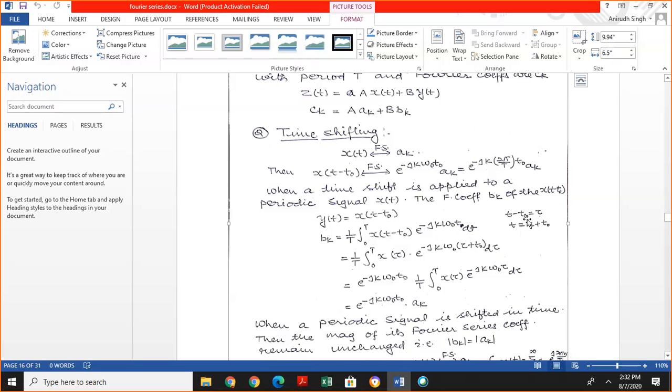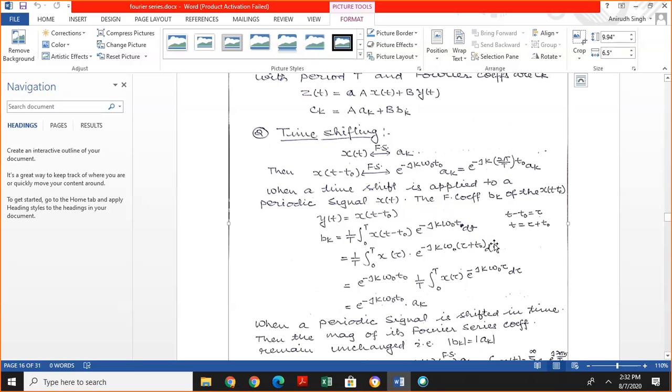And if we substitute t minus t naught equal to tau, then t is equal to tau plus t naught, and here x of t minus t naught is replaced by x of tau, and t is replaced by tau plus t naught, and in this case dt is equal to d tau.